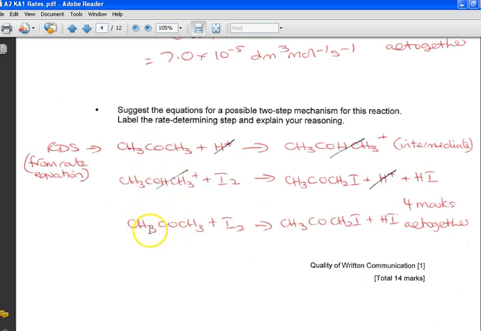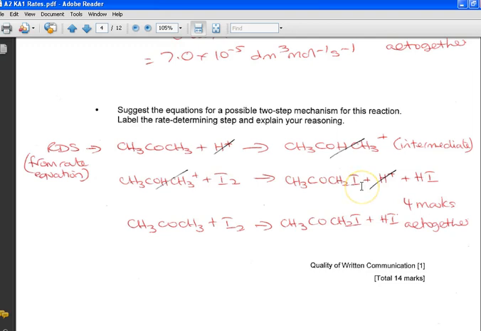Now we've got the propanone here in our first rate determining step. We don't need to include it again because we only need 1 molecule. But we do need to have I2, so I2 must go in here in the next part of the mechanism, the second step.